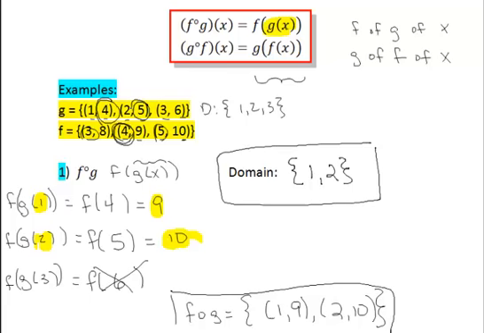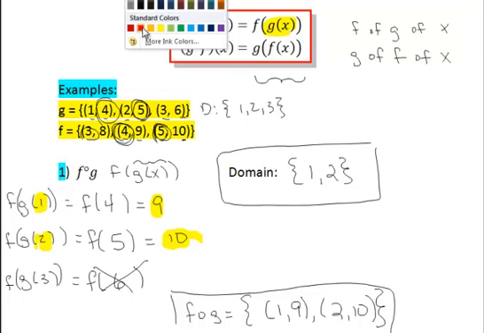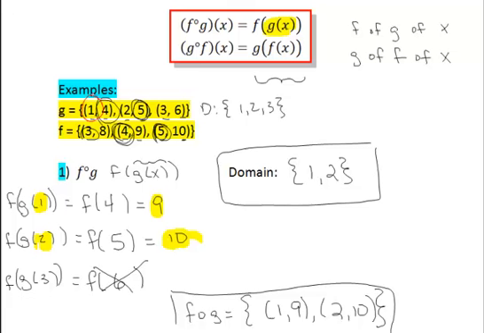We have a 5 as an output, we have a 5 as an input. Whatever those are, you look at the x values in g. I know that's a little bit crazy. Look at the x values in g because we're talking about domain, right? That would be your domain.